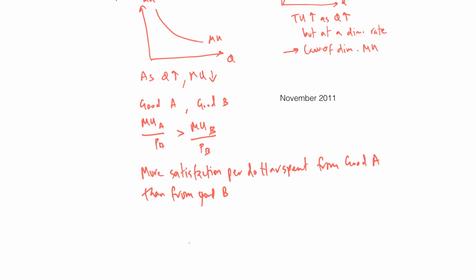Marginal utility per dollar spent is more from good A than from good B.